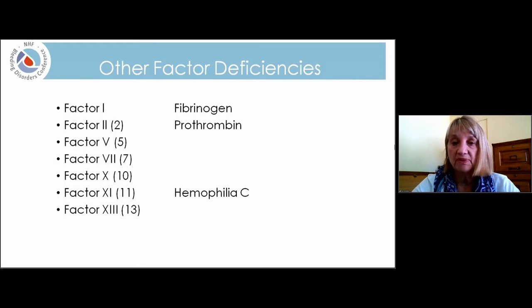So most of the people with hemophilia C or factor 11 deficiency have some Eastern European history or family history of bleeding in their family tree. Not all. There are a few hemophilia C or factor 11 deficient patients who are not Jewish.